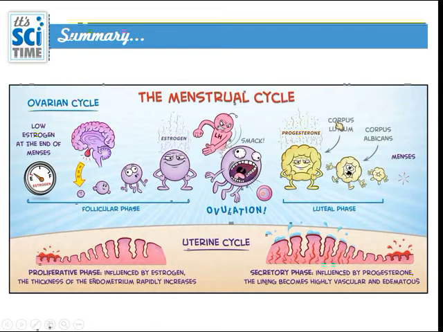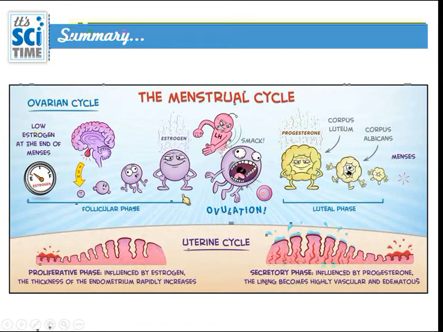You get the fact that the corpus luteum releases the progesterone hormone which maintains this wall growth. And the proliferative phase is here, the growth phase, and the secretory phase here, secreting hormones. Finally collapsing here, the menstrual phase. The menstrual cycle, ovarian cycle, and the uterine cycle are nicely highlighted in this one.